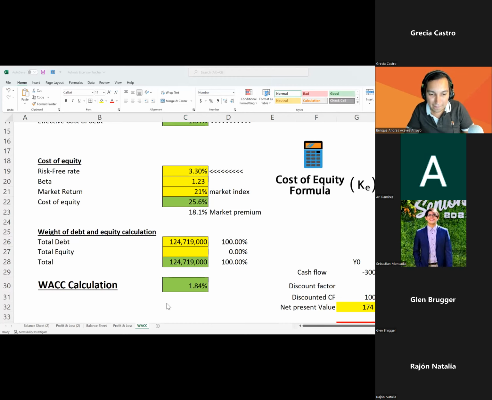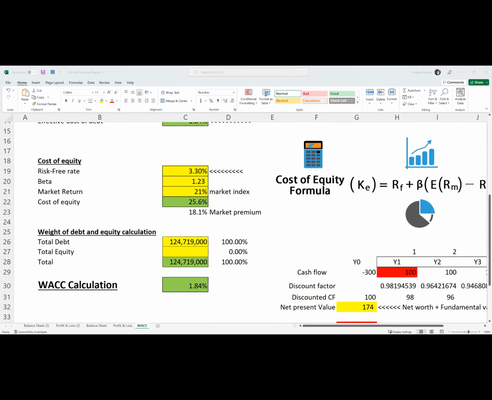I'm confused. Go to Yahoo Finance, financials. Where do you find the debt in your financial statements? In your cash flow.